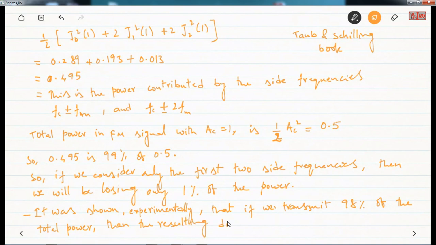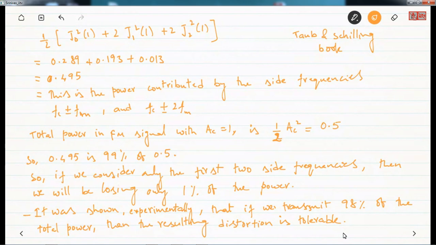It means we can transmit only 98% of the total power, which corresponds to only a finite bandwidth of the FM signal. And even if we lose the 2% of the power, the received signal is still good enough for us, still high quality. So we won't find any distortion in the received signal, right?